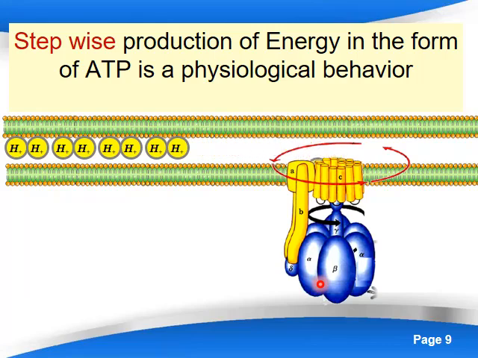The protons pass down their concentration gradient from the intermembrane space to the mitochondrial matrix through F0, resulting in its rotation with activation of the beta unit in F1, causing ATP synthase to form ATP from ADP. Okay?